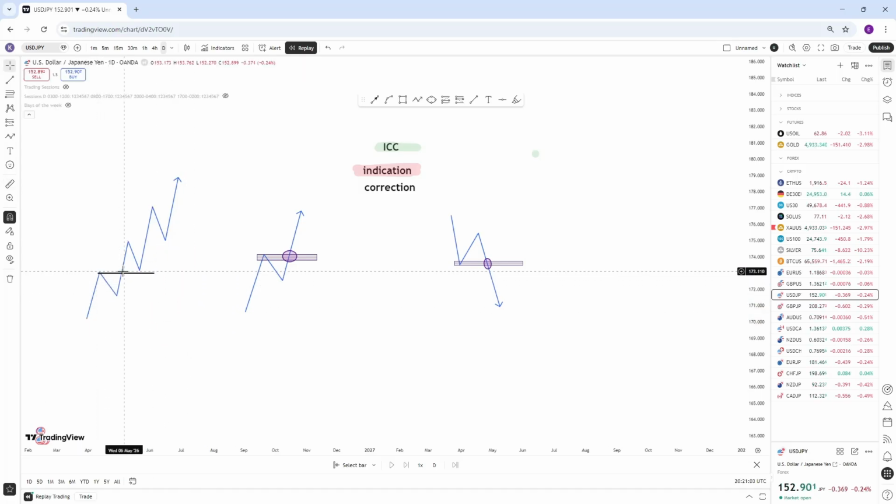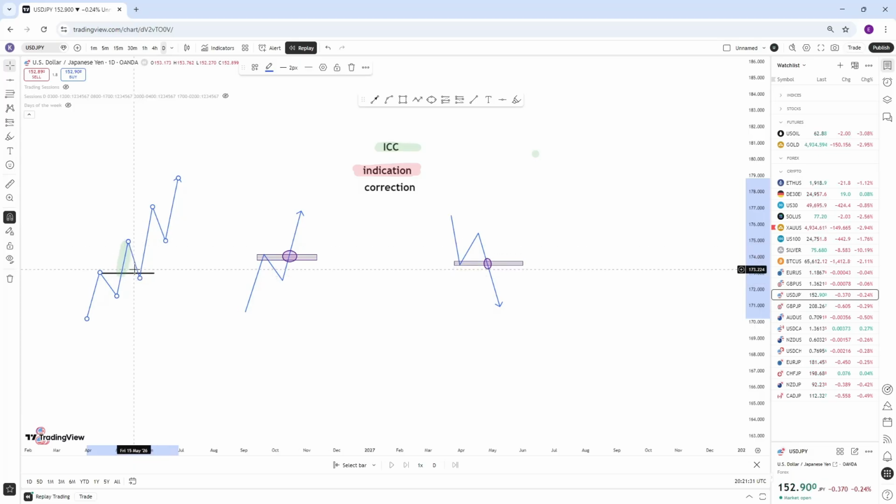This is a break of our previous high, creating an indication here. This is the indication, and after we get this indication, what happens next? The market will try to make a higher low. You will definitely make a higher low if you are in an uptrend, right?